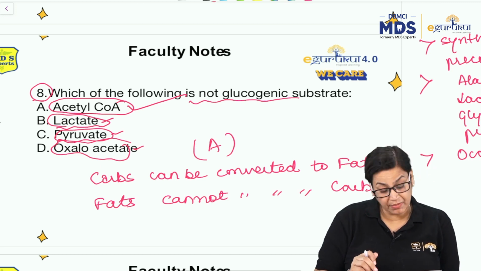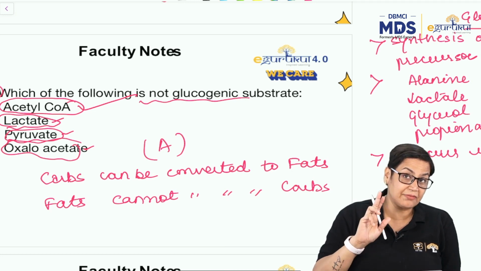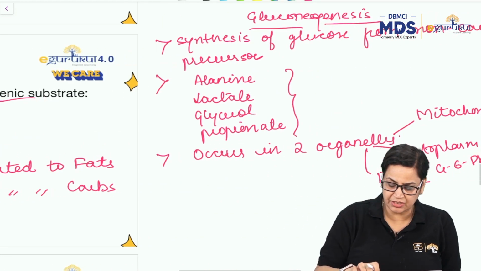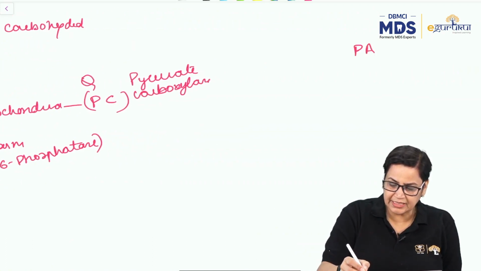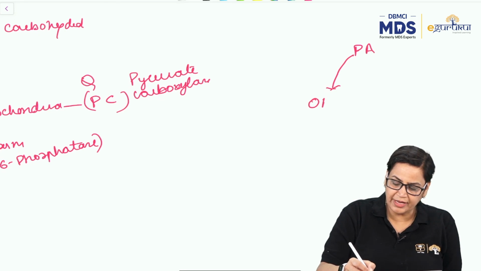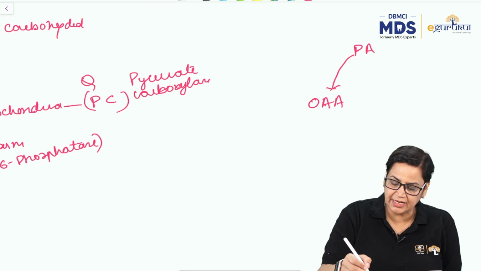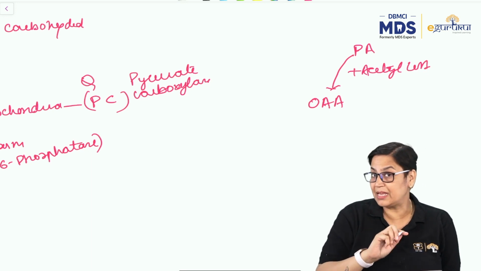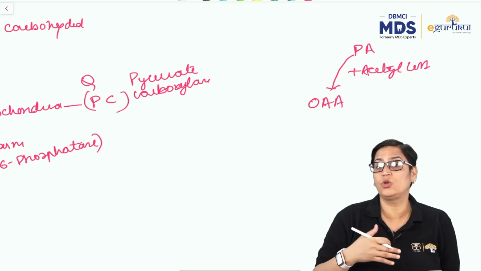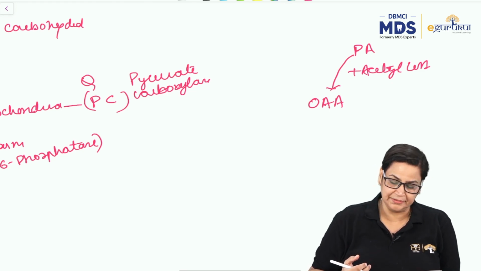Because if you remember one very important gluconeogenesis ka first step, in which pyruvic acid is converted into oxaloacetic acid, and this oxaloacetic acid is then converted into pyruvic acid. Here acetyl coenzyme A is just acting as a modulator. Acetyl coenzyme A can never act as a substrate to give rise to glucose.